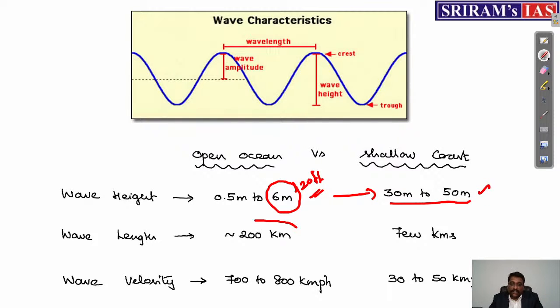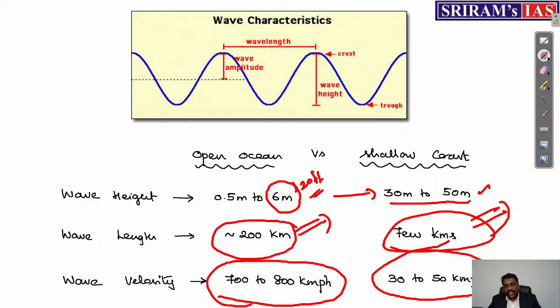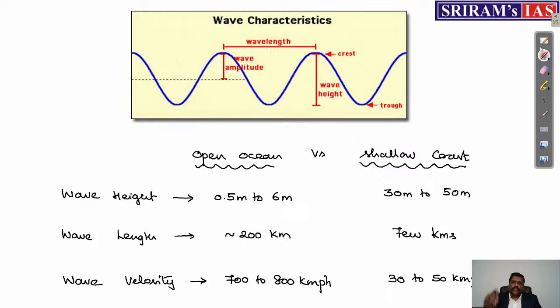Wavelength in the open ocean is somewhere around 200 kilometers, approximately, but when it strikes the coast, it gets reduced to a few kilometers. Velocity in the open ocean is 700 to 800 kilometers per hour, but at the coastline it gets reduced to 30 to 50 kilometers. Still, 30 to 50 is a huge velocity.